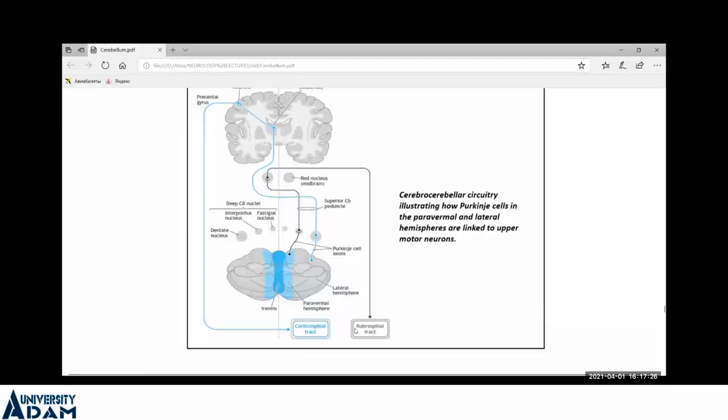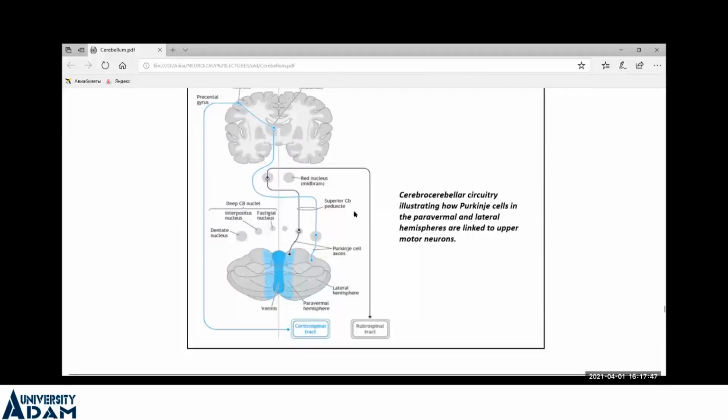and the rubrospinal tract here, guys. It also synapses in the paravermal hemisphere in the cerebellum, okay? Through the interpositus nuclei and through the dentate nuclei, okay?